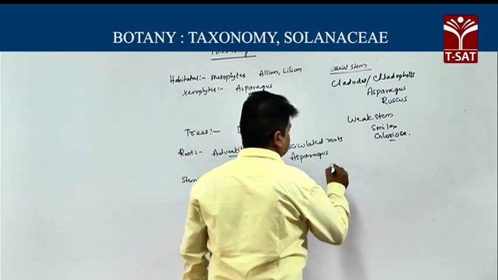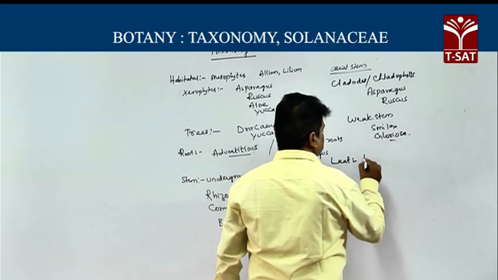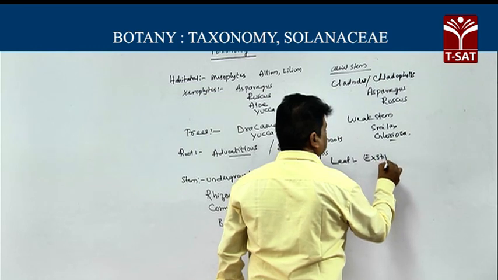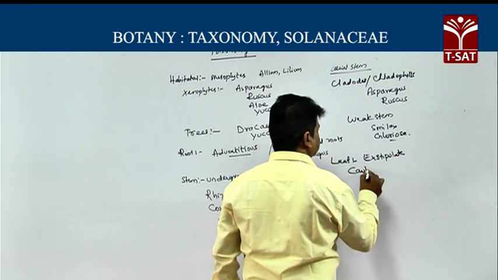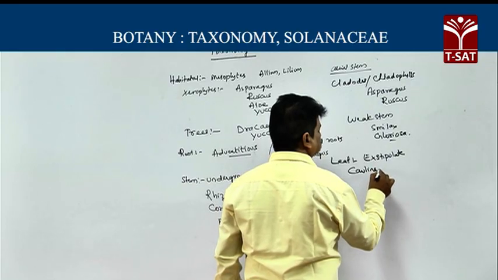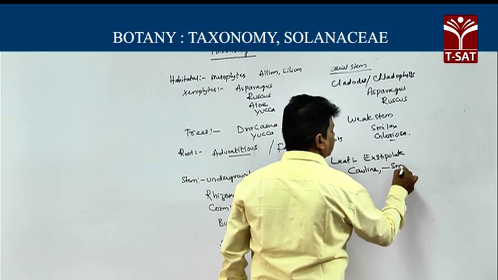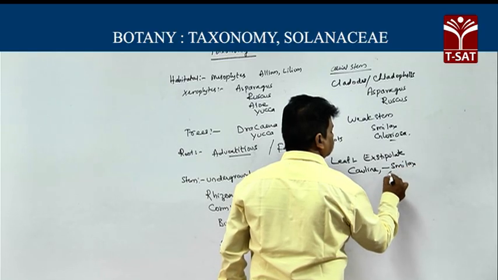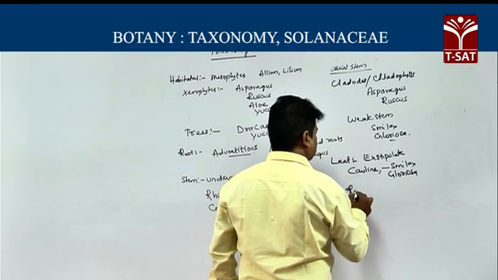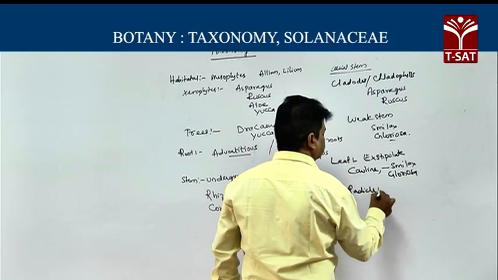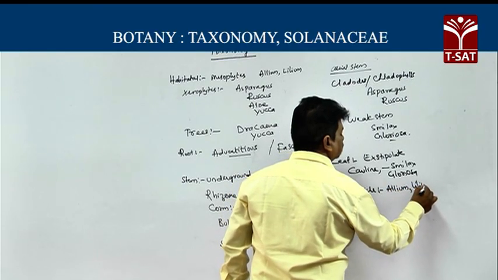The next one, leaf. It is a monocot family, so leaves exstipulate, stipules absent. Cauline leaves, in Smilax and also gloriosa. Radical leaves, Allium and Lilium.